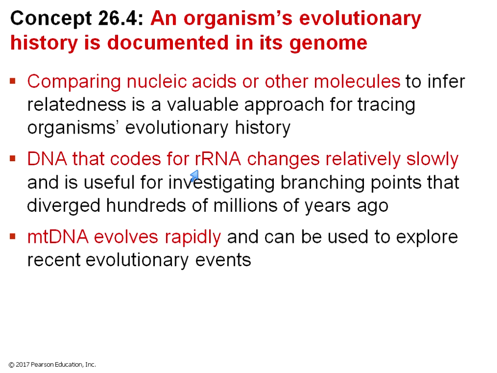Over evolutionary time, we're not seeing a whole lot of change. Mitochondrial DNA, that MT there is referring to mitochondrial, actually changes pretty rapidly. So looking at mitochondrial DNA can help look at recent evolutionary events, changes that have occurred fairly recently.